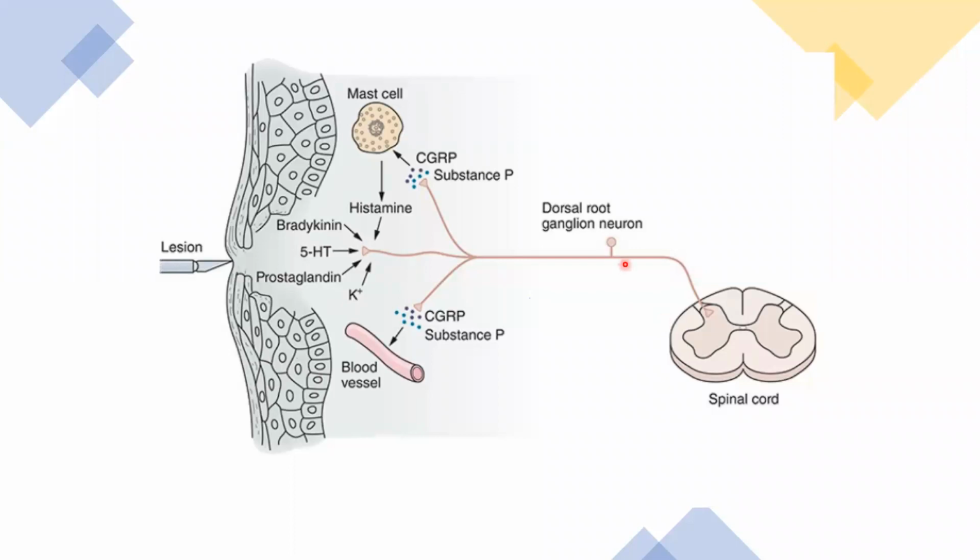So the NGF, nerve growth factor, released by your damaged tissue, is picked up by the nerve terminals and transported retrogradely to the cell bodies in the dorsal root ganglion. So the cell bodies of your nerve are here, no? In the dorsal root ganglion, where it will alter the gene expression.